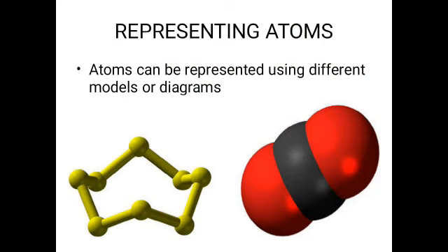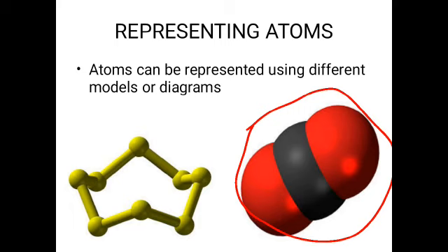Now, how are atoms represented? For our understanding, we made models. We can represent atoms by balls, and here these balls represent sulfur atoms and the line shows the bond between them. This is how we try to understand the structure of molecules and chemical species with the help of models.